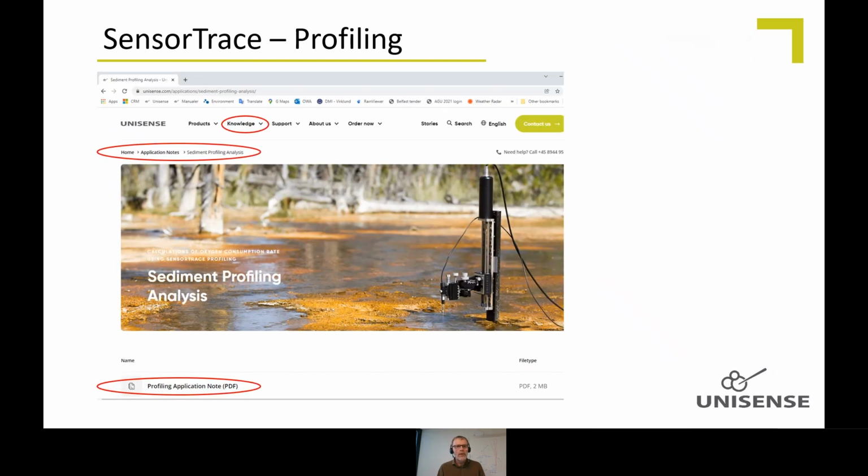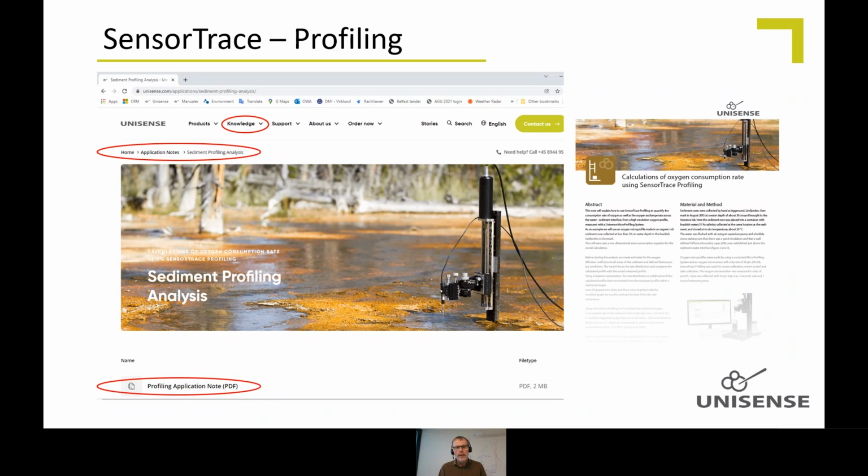On our website we have an application note, the profiling application note, which explains how to use this facility of the software. You go to Knowledge, Application Notes, and Sediment Profiling Analysis, and then you find this PDF file, and I will go through that tomorrow at 4:45 Danish time.